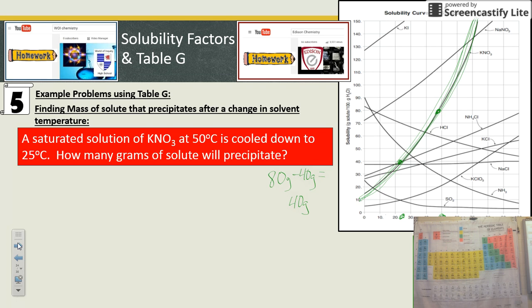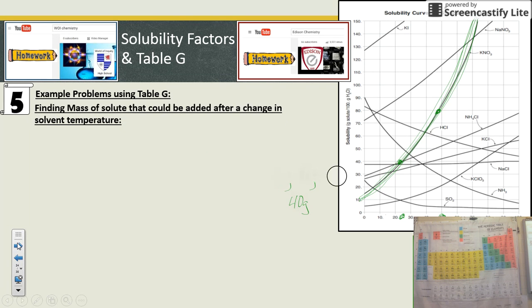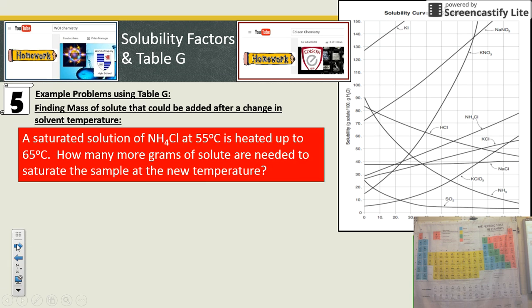Let's try some more of these things. Ooh, different type of problem. Let's do it. This one is focused on finding the mass of solute that could be added after a change in temperature. So the problems look kind of like this. A saturated solution of a chemical, ammonium chloride, at 55. So let's highlight ammonium chloride. At 55 degrees, it's saturated, so we're right there at about 55 grams.